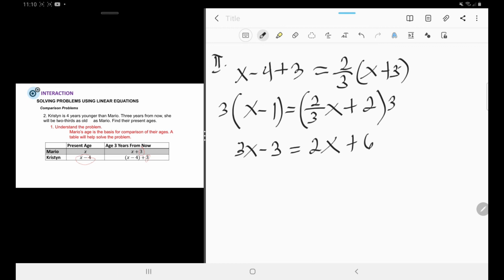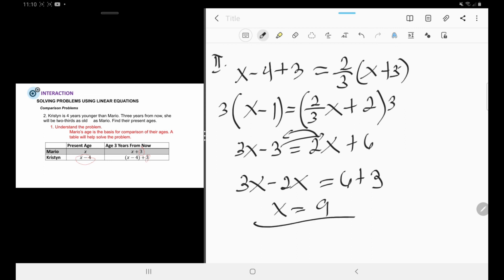Okay, next step, we'll move 2x to the left side. So we have 3x minus 2x is equal to 6, and then move negative 3 to the right side. So that's plus 3. 3x minus 2x is x, and 6 plus 3 is 9.